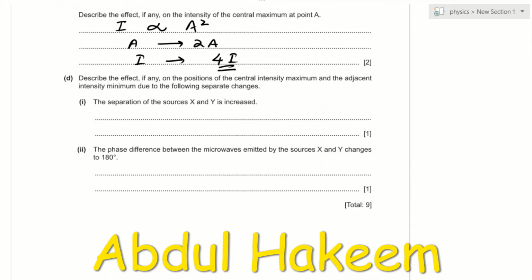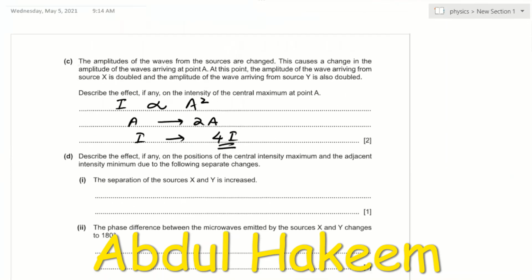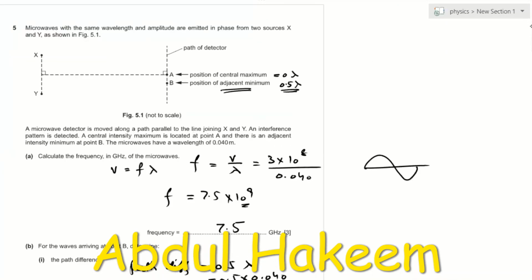Next, the D part is describe the effect, if any, on the position of the central intensity maxima and the adjacent intensity minima due to the following separate changes. The separation of the X and Y are increased. Separation of X and Y. So what is X and Y? Look, X and Y is the slit separation.